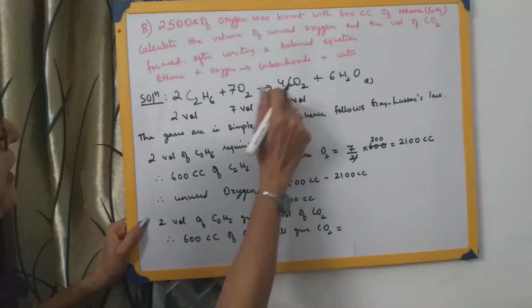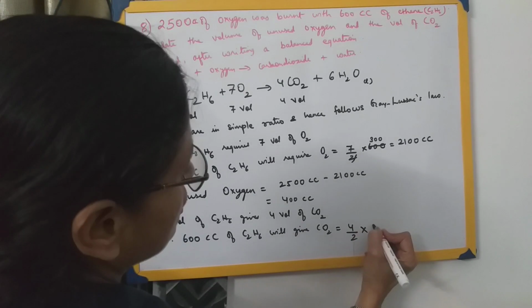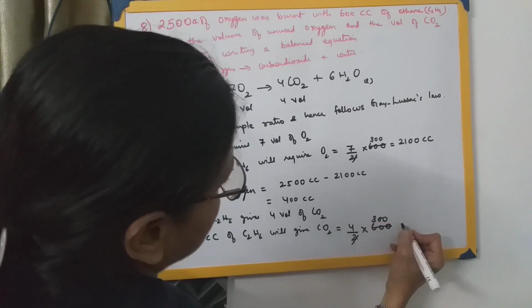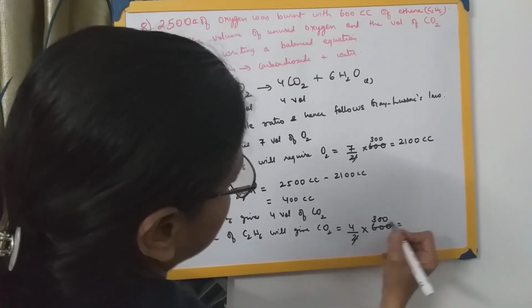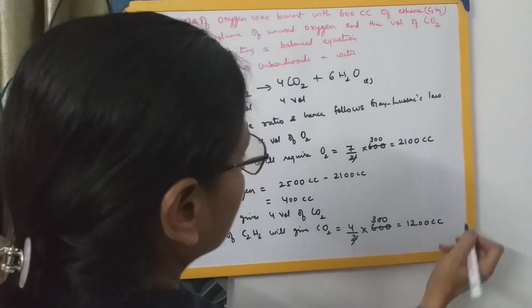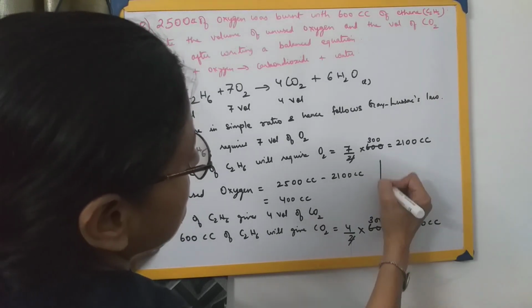That is 4 by 2 into 600. So that is 2 3s, so that is 1200 cc of CO2.